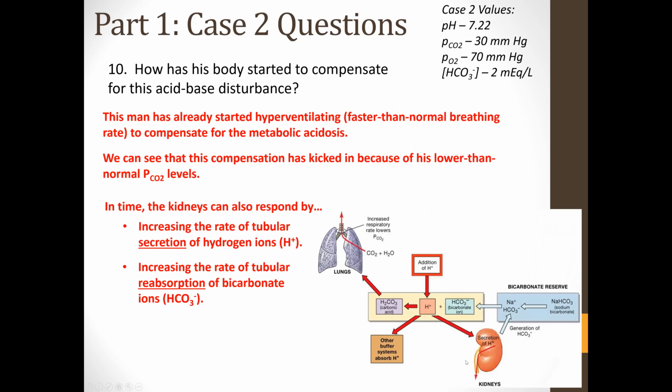So here's a picture. If you have metabolic acidosis, you are adding hydrogen ions. To compensate, you will increase your respiratory rate to breathe some of those out in the form of carbon dioxide, and the kidneys will also secrete hydrogen ions while generating bicarbonate ions to stay in the bloodstream.